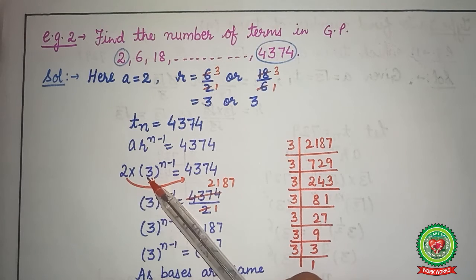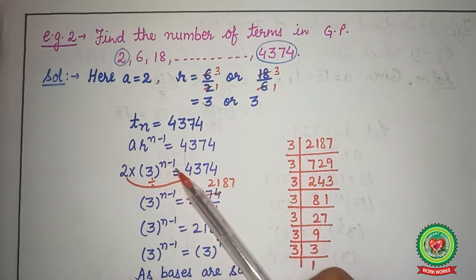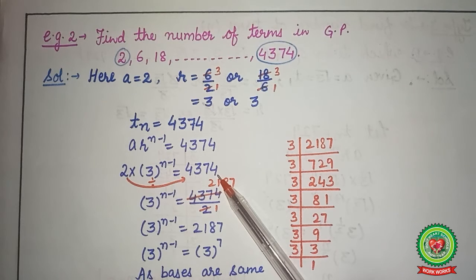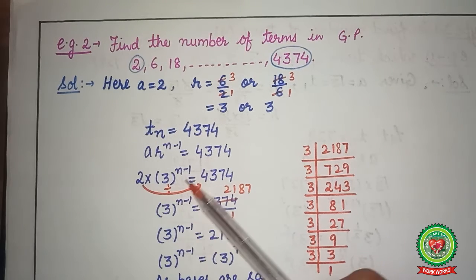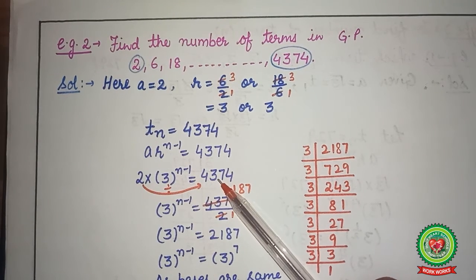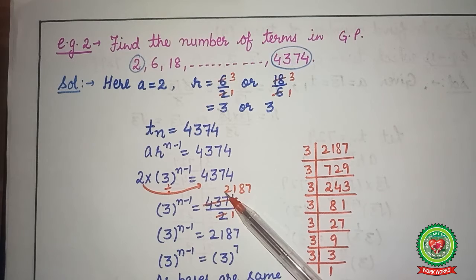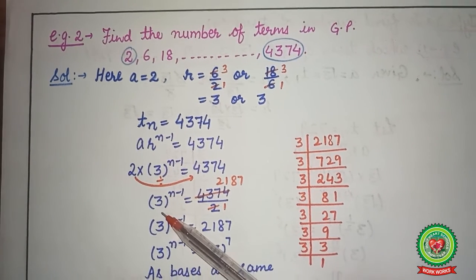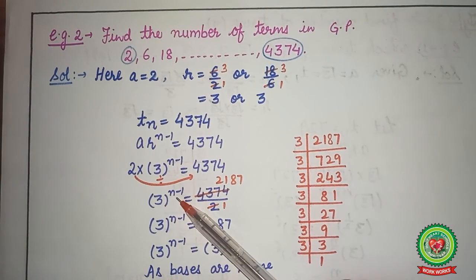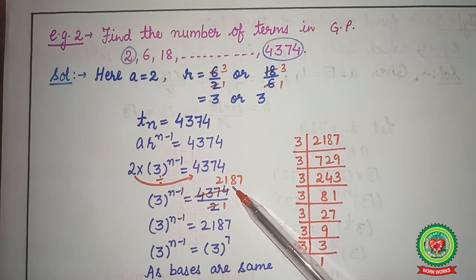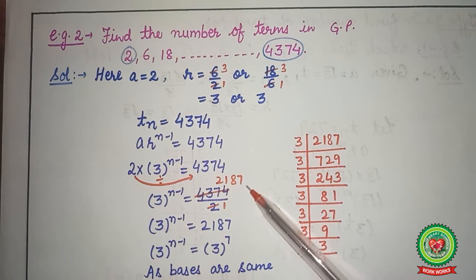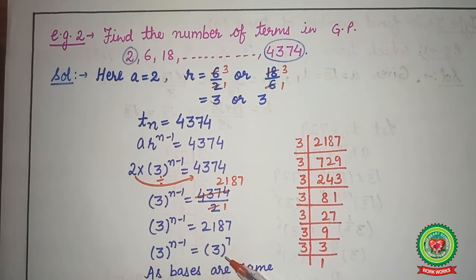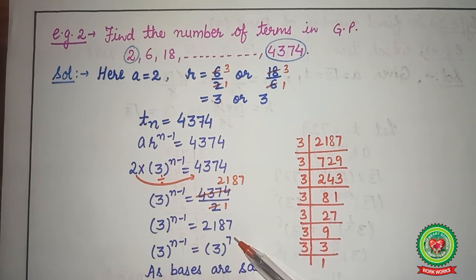2 multiplied by 3 raised to power n minus 1 is equal to 4374. On shifting 2, it will be divided. We get 2187. Now on the left hand side we have 3 raised to power n minus 1. On the right hand side we will find the factors of this number. On factorizing we get 3 raised to power 7.